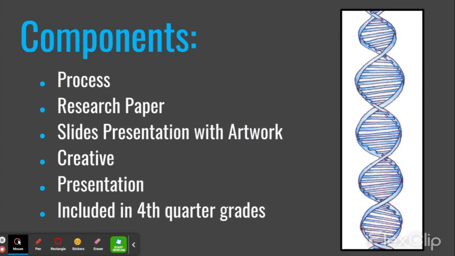There are 5 components to exhibition: process, a research paper, presentation slides with artwork, a creative representation of their topic, and finally, a presentation. Each component will contribute to your child's 4th quarter grade in all of their core academic classes.